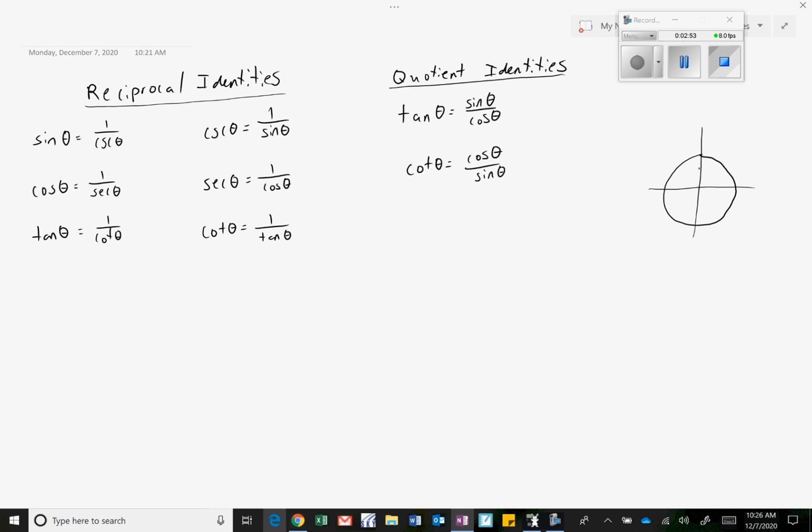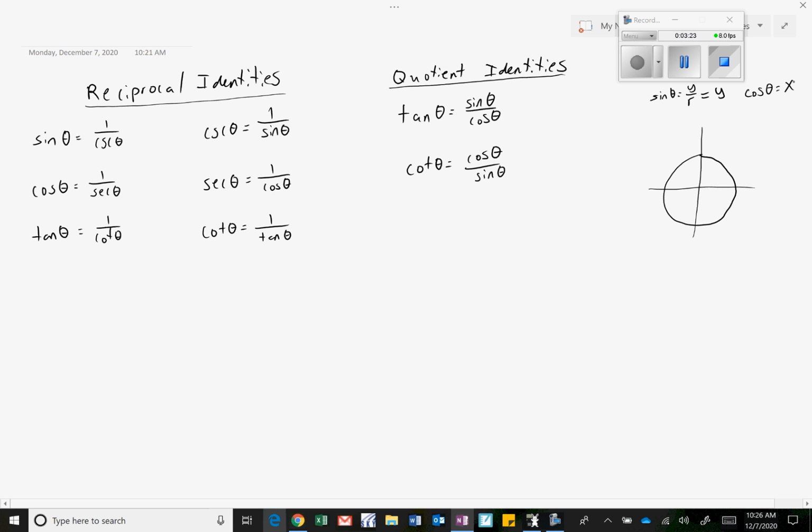So if you remember, sine of theta was always y over r, right? But on the unit circle, we said r was just 1, right? Because the unit circle has a radius of 1. So that means that the sine of theta is just y. You could also say that the cosine of theta is just x.